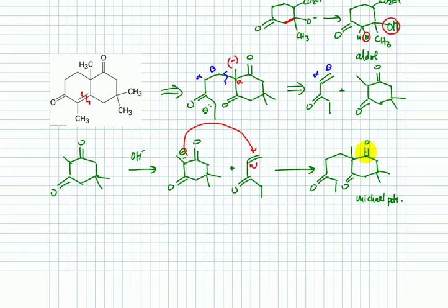All right, look at this. This is a 1, 2, 3, 4, 5. It's a 1,5 diketone, just like any Michael product should be. But it is also able to undergo aldol reaction because this carbonyl right here is 1, 2, 3, 4, 5, 6 from another alpha hydrogen.